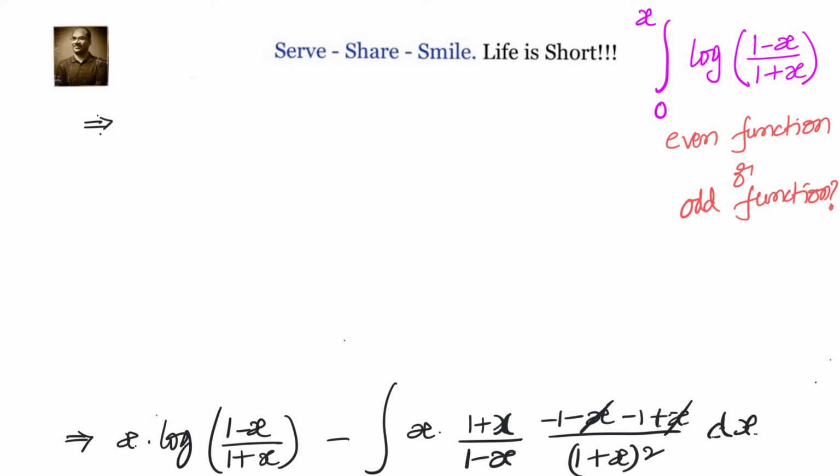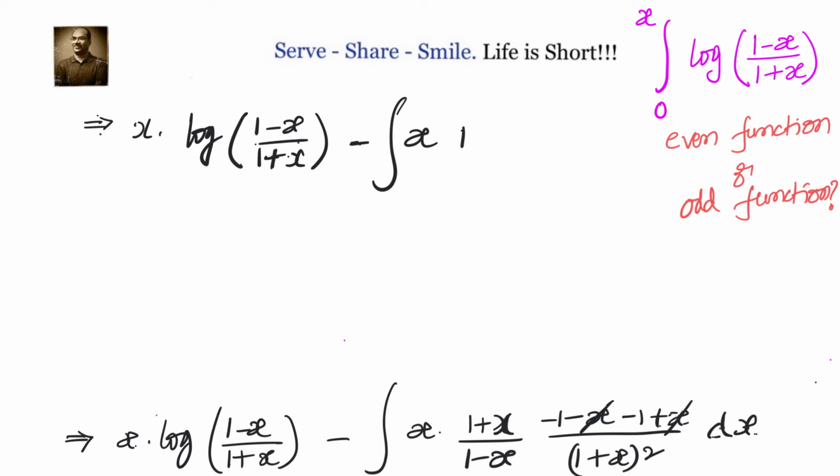When we simplify, we will have x into log of (1 minus x) by (1 plus x), minus the integral of x into (1 plus x) by (1 minus x) multiplied with minus 2 by (1 plus x) whole square.